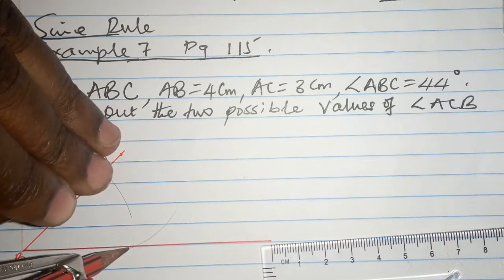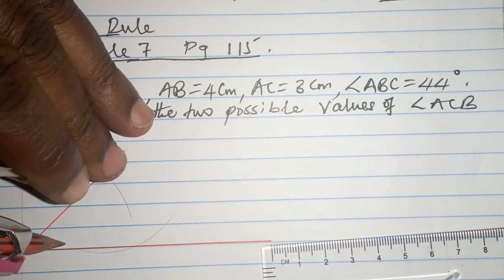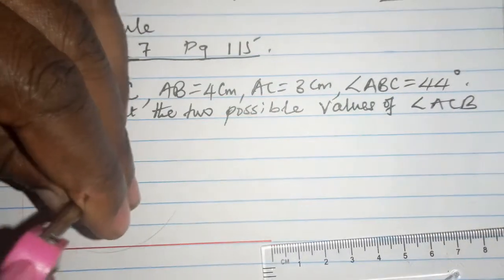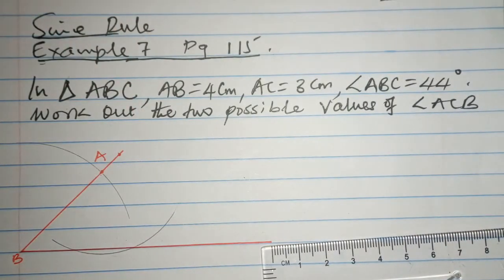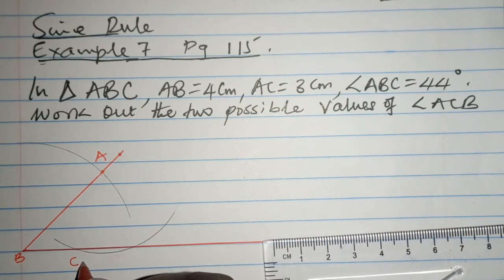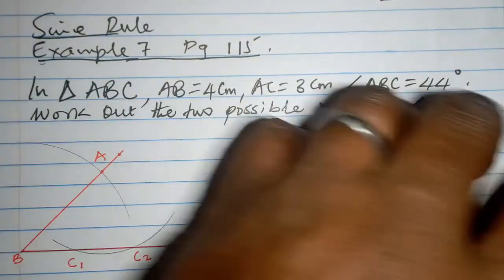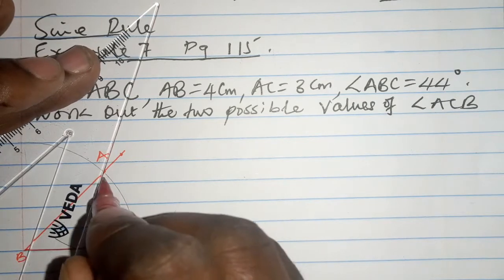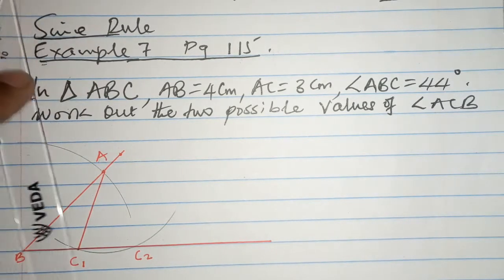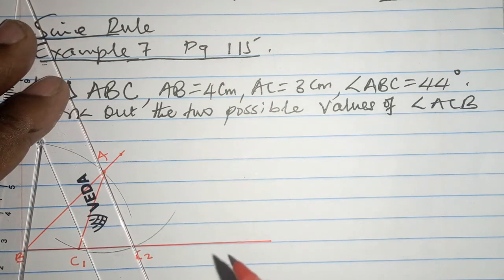It cuts the red line at that point and also at that other point. So sure enough, we have two possible points where C lies. This could be C1, and this could be C2. So we could be dealing with a triangle that looks like that, or a triangle that looks like that.